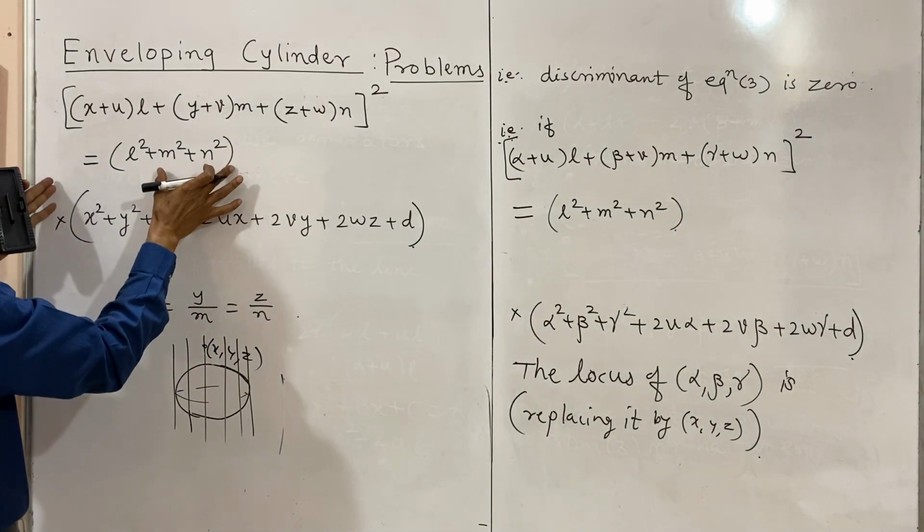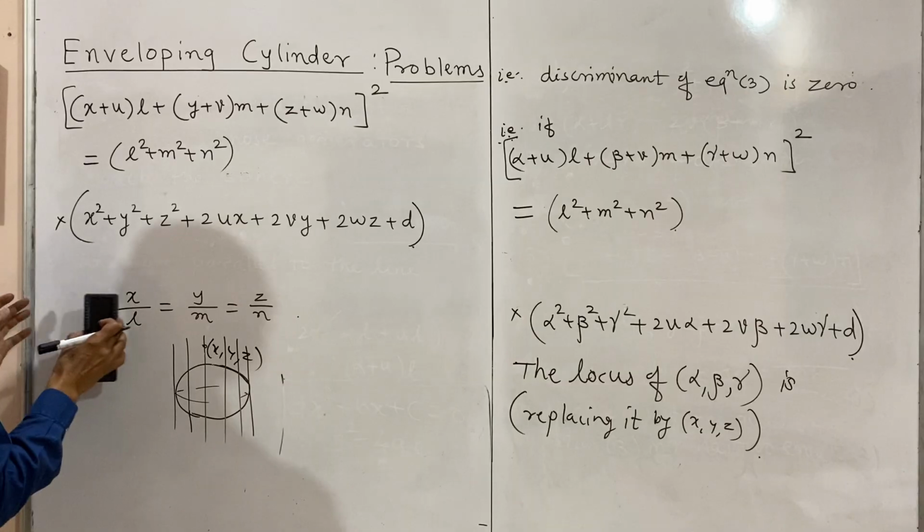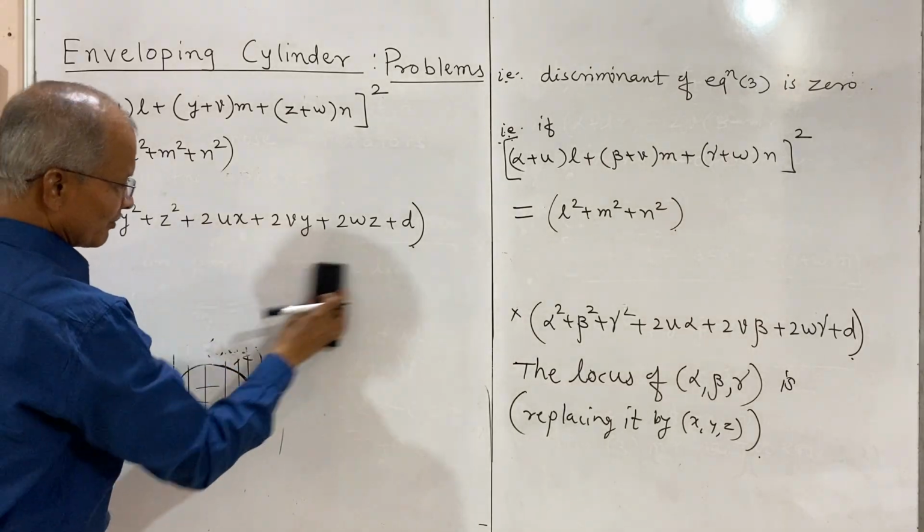This is the left side and this is the right side. So this is the equation of the enveloping cylinder.